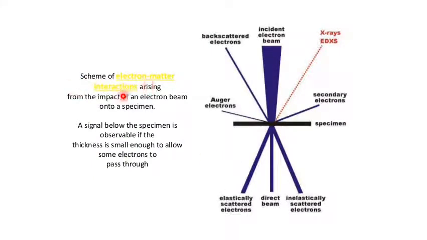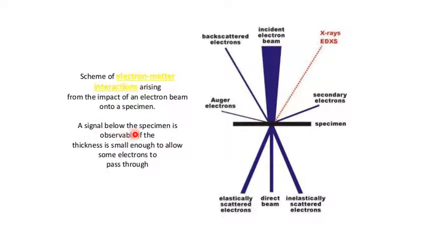Scheme of electron-matter interaction. Here this is the incident beam of electrons, and this is the material specimen. These electrons can interact with matter in different ways, and here are different possibilities arising from the impact of the electron beam onto the specimen.